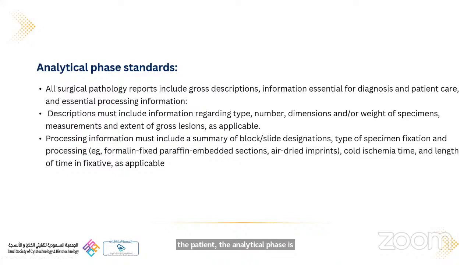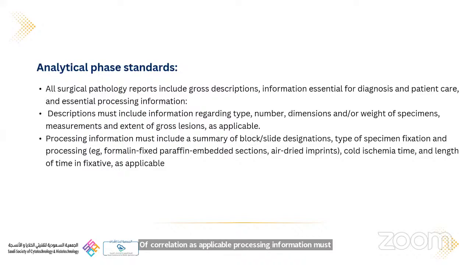All surgical pathology reports include gross descriptions, information essential for diagnosis and patient care, and essential processing information. Descriptions must include information regarding type, number, dimensions, and weight of the specimen, measurement, and extent of gross lesion as applicable. Processing information must include a summary of block and slide designation.